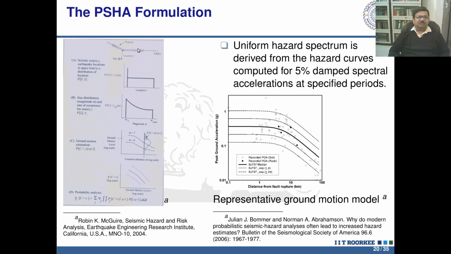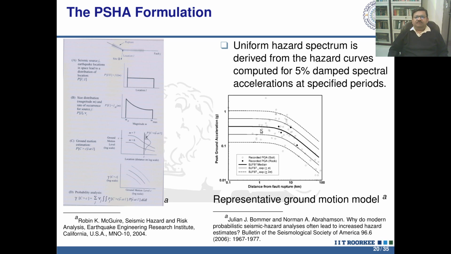For each of the source zones, we find out the seismicity rate and then compute the probability of exceeding a particular ground motion threshold. For different ground motion thresholds, you get annual exceedance frequency curves, and just work out the desired value corresponding to the desired return period that you want.